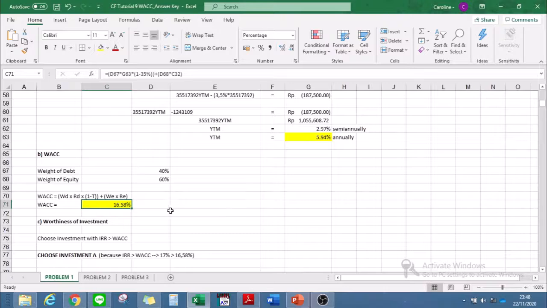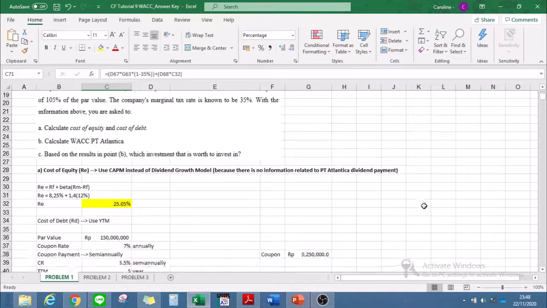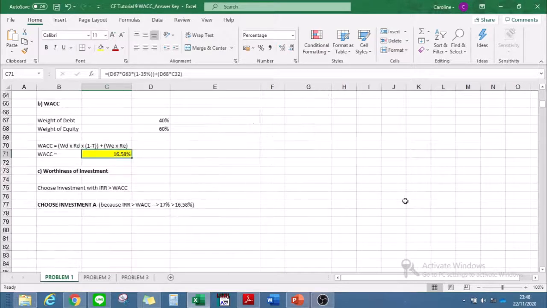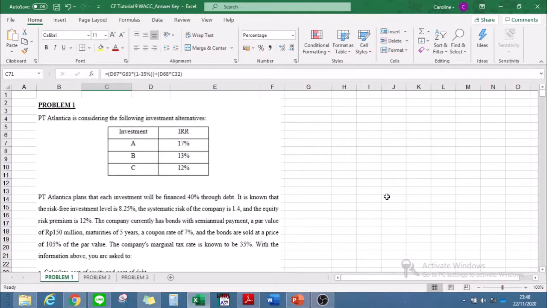for the project. Okay, so there are three kinds of investment: investment A, investment B, and investment C. The investment A has the IRR of 17%, the investment B has the IRR of 13%, and investment C has the IRR of 12%. Okay, so because the required rate of return from the investors is 16.58%, then we need to pick the investment that can generate the return higher than the cost of capital itself.